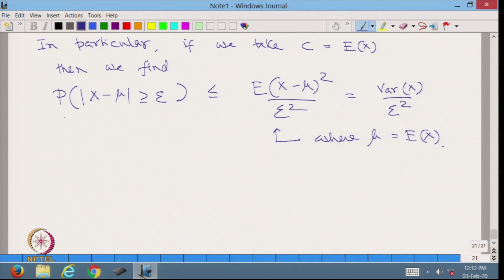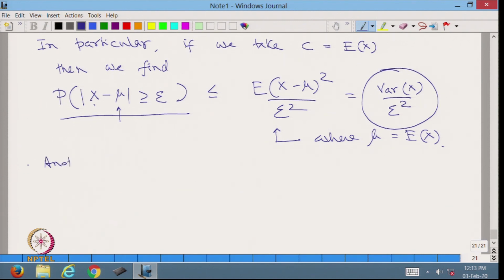Thus, we can put a bound that the random variable x is at a distance greater than epsilon from its expectation mu, that is bounded by this probability, variance of x upon epsilon square.